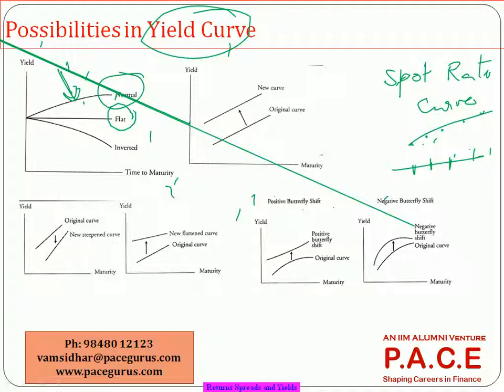The longer you would like to invest, the returns are actually coming down, which we can very well see if the interest rates are already at the peak. If the interest rates are already at the peak, probably short term rates are higher, but the long term rates are going to typically go down. Those kinds of yield curves we call inverted yield curves. All three possibilities can very well exist.